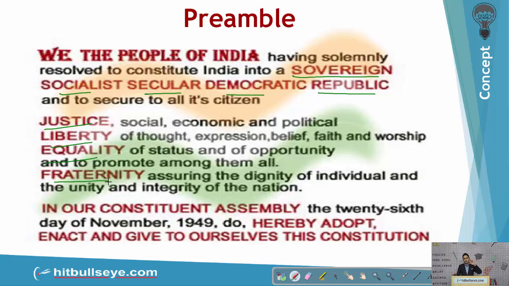Now, what we have to understand is that our preamble has been amended once by the 42nd Amendment Act, and it added 2 new words as far as this part of the preamble is concerned, that is socialist and secular. And the word integrity was also added by the 42nd Amendment Act to our Constitution.